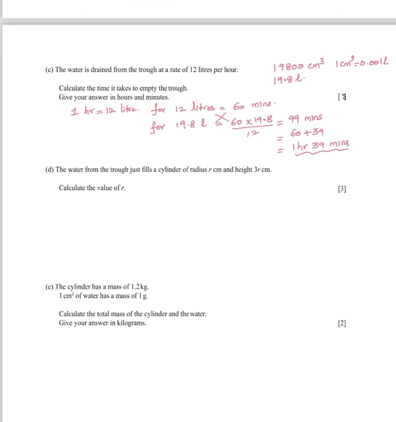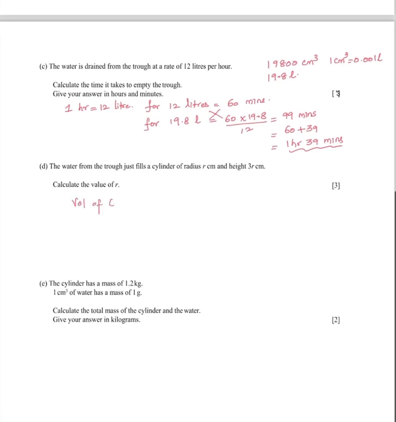Subdivision D. The water from the trough just fills a cylinder of radius r centimeter and height 3r centimeter. So the water from the trough is being filled into the cylinder. Obviously the volume of the cylinder should be equal to this water.